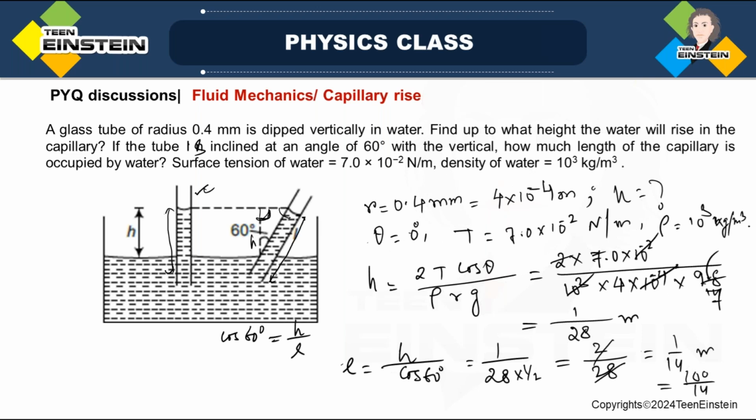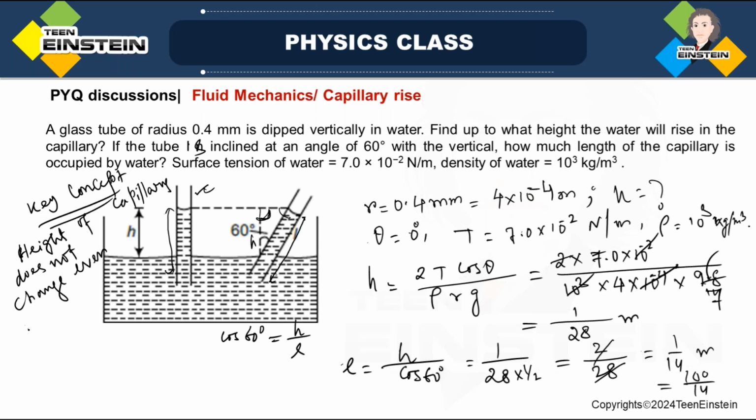So what is the key concept over here? Key concept: the height of capillary rise does not change even when the capillary is tilted or inclined with vertical.